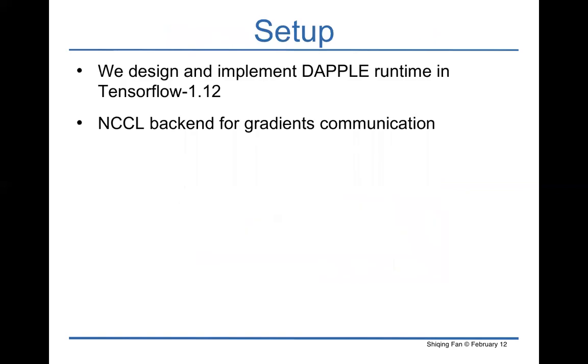We design and implement the DAPPLE runtime in TensorFlow 1.12. As common practice, TensorFlow takes a precise and complete computation graph, schedules and executes graph nodes respecting our data dependencies and control dependencies.